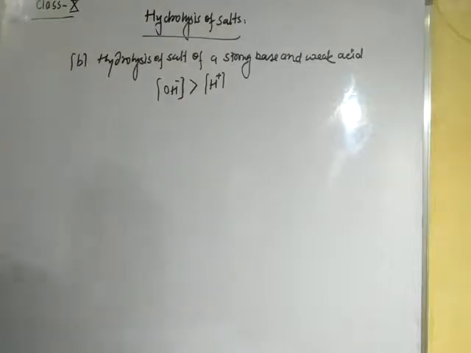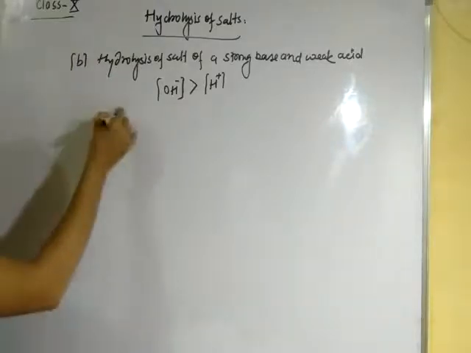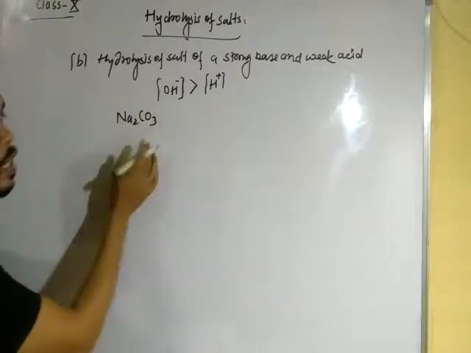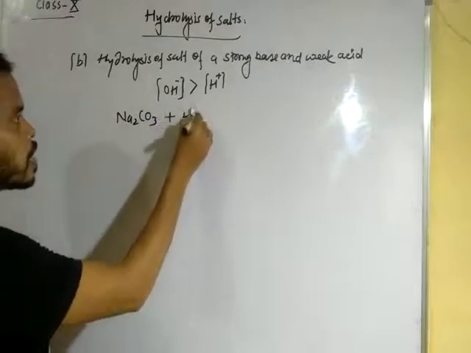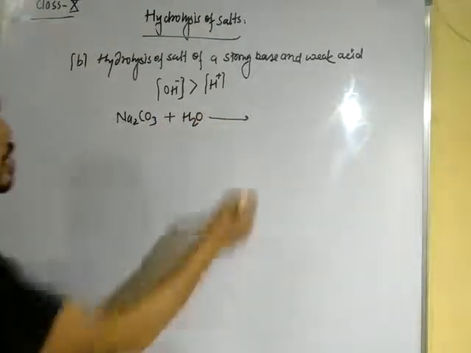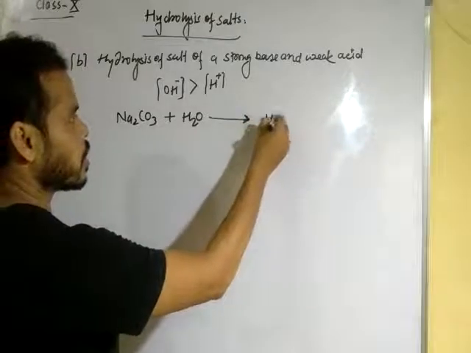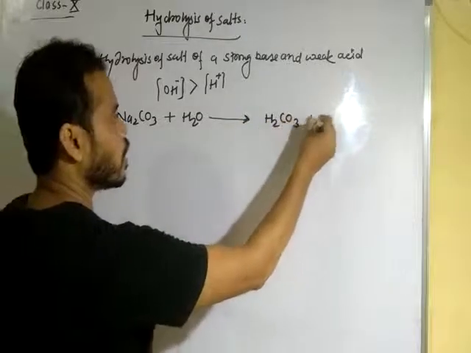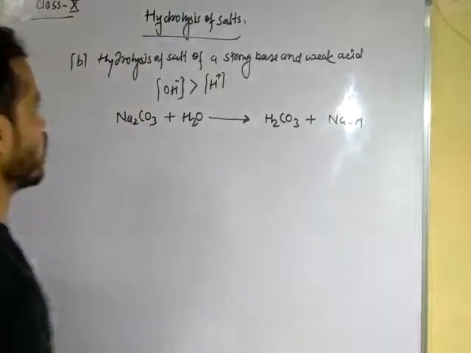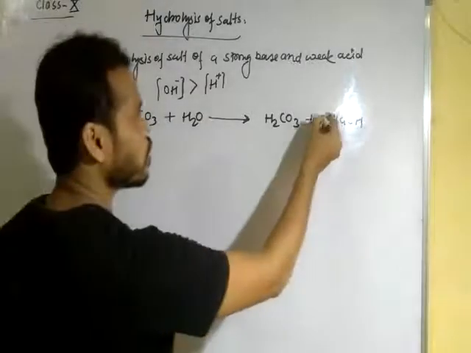Okay, so see here the example: sodium carbonate Na2CO3, you know this is a salt. When dissolved in water H2O, it forms carbonic acid H2CO3 and NaOH, carbonic acid and sodium hydroxide. Here there are 2 sodium, so multiply with 2.